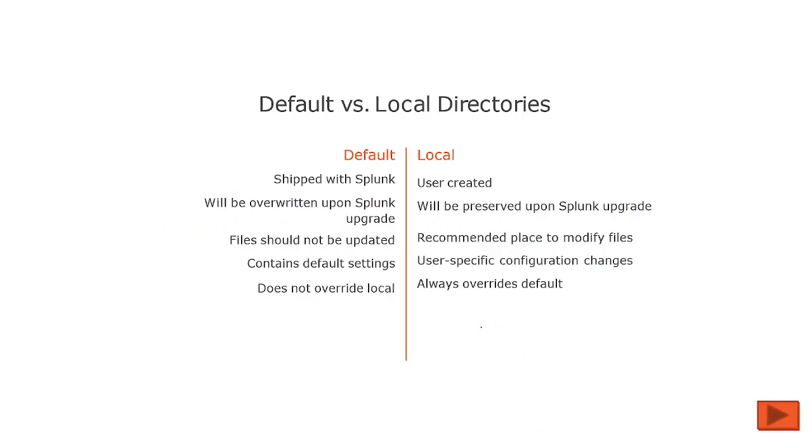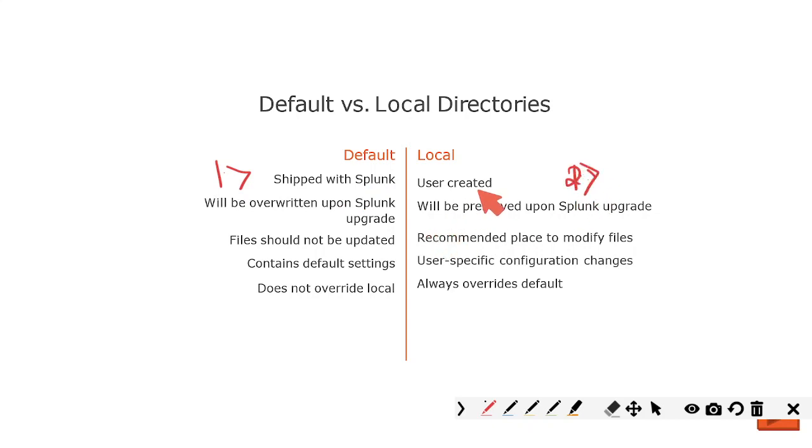Some of the differences which might be important to understand. As the first difference, all the configuration files under the default directory will be shipped with the Splunk Enterprise package, and all the custom configuration which may correspond to the Splunk Enterprise will be there under the local directory, right? So if we are doing a Splunk upgrade, all the files under the default directory will be overridden.